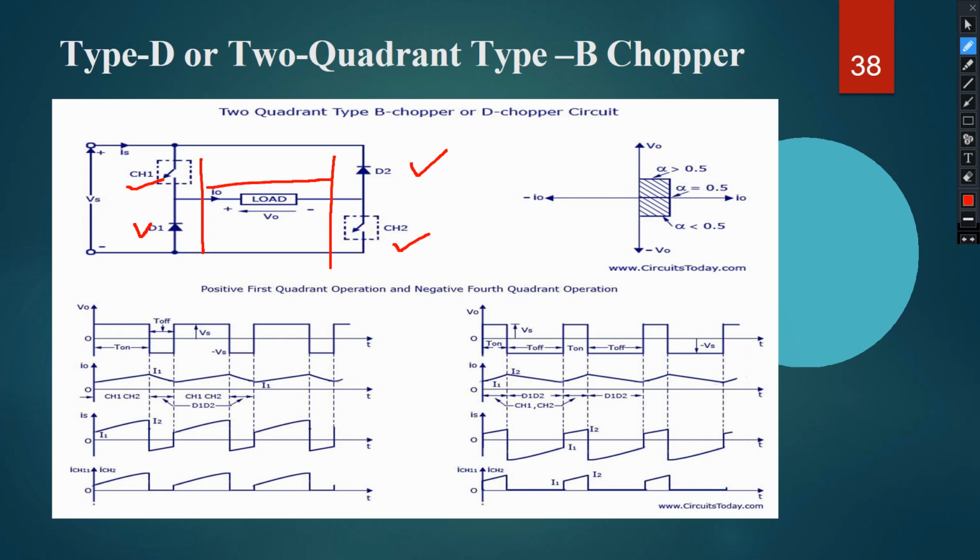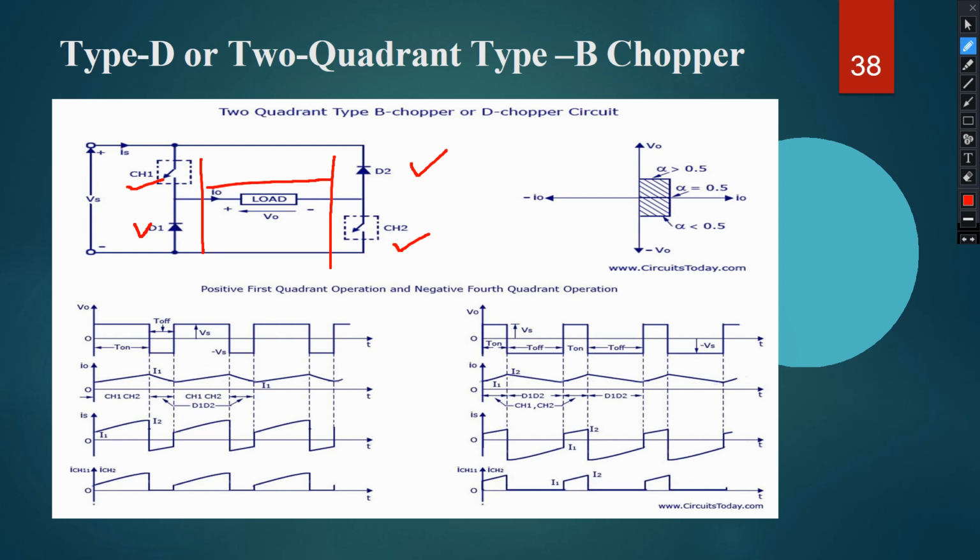So the principle of operation is that CH1 and CH2 should be on together and off together. They should not be on and off individually. It is just opposite to the type C chopper. In type C chopper, CH1 and CH2 should not simultaneously be on, but here it has to be simultaneously on.